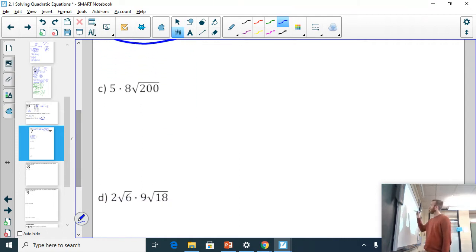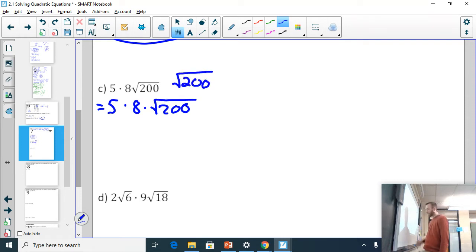So now we have, I'm going to rewrite this as 5 times 8 times the square root of 200. And I'm just going to zoom in on the square root of 200 for a second. Now that one, I recognize as nice. It's 100 times 2.